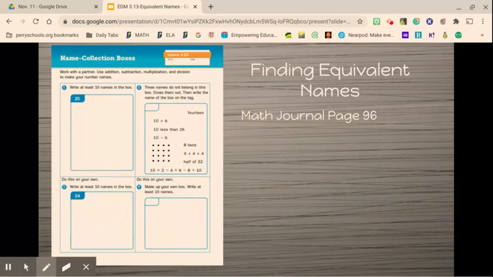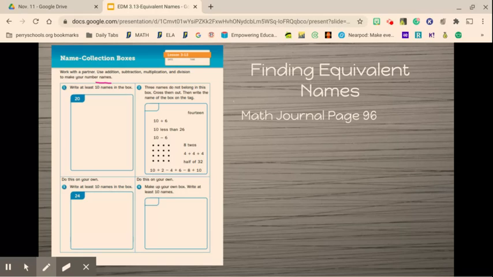All right, looking in your math journal, you are going to be on page 96. You are going to be writing out some names for different numbers. And on this one, I want you to use addition, subtraction, multiplication, and division. So number 1 says write at least 10 names in the box. 10. Make sure you're following directions.